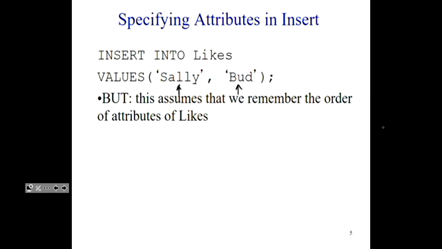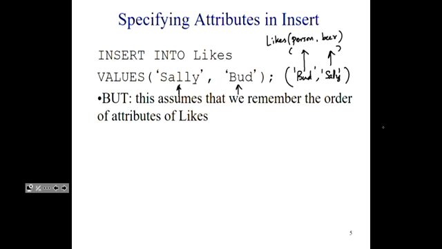If by mistake I listed Bud and Sally when I had defined the relation to be likes, person, beer, then it's going to lead to something that I don't want, right? So Bud would be added as a person and Sally would be added as a beer, so you'd have a tuple corresponding to Bud and Sally in the opposite place of what you intended.